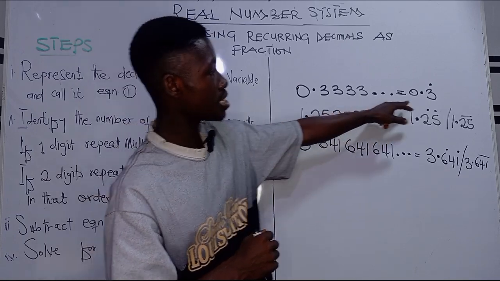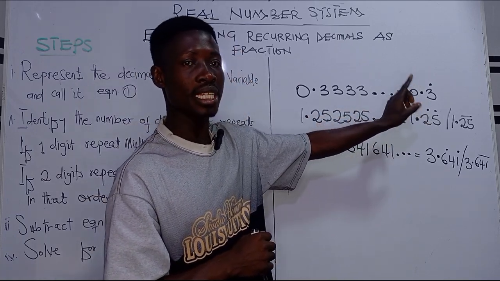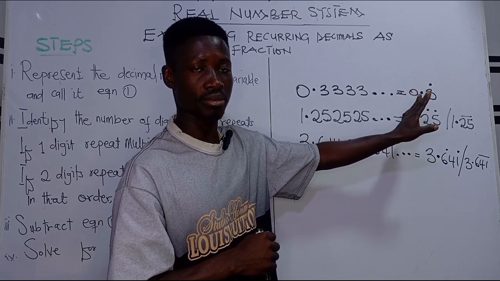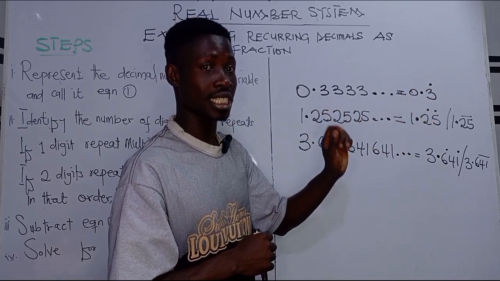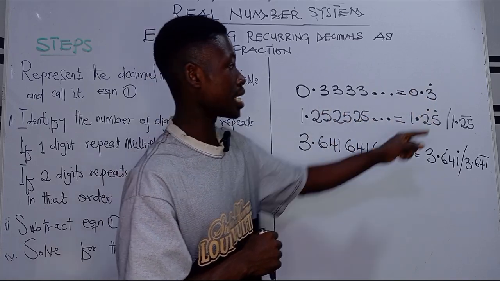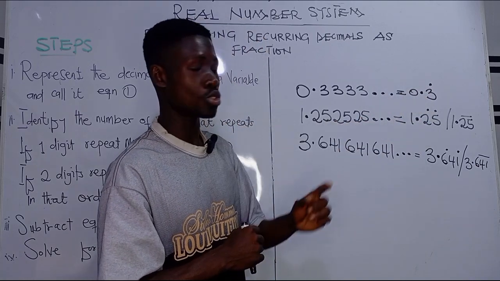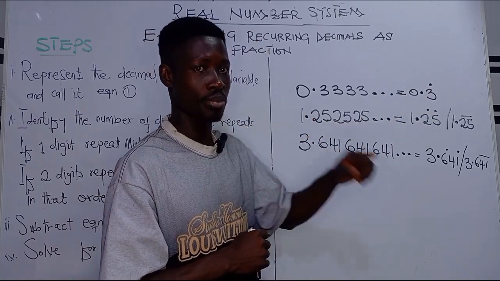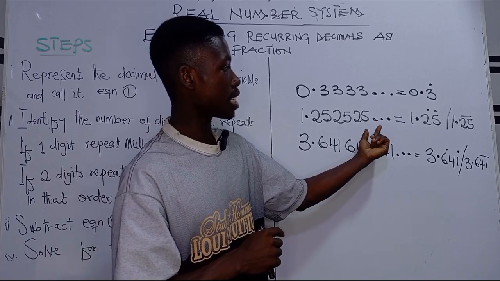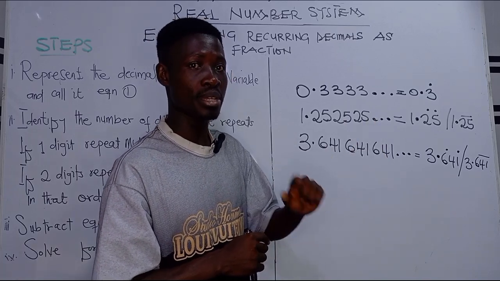With the first example, how many digits are repeating?